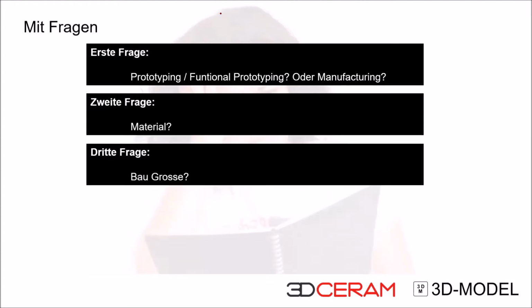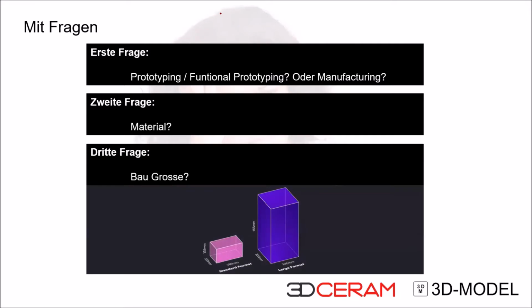And the third question we can ask ourselves is, what kind of build volume do we need? Do we need, very simple, a small build volume or a large? How big are my parts? How many parts do I want to print per year or per week?